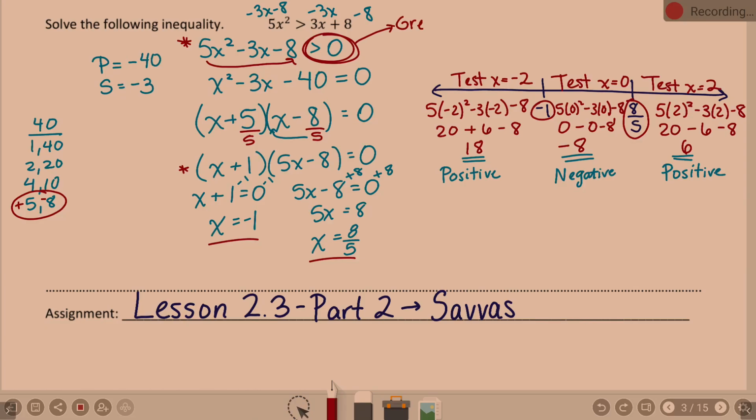That is asking, where is this equation greater than 0? What do I mean greater than 0? What are we looking for then? Positive. Okay. We're looking for positive. When it's greater than 0, where is my equation? Positive. If it said less than 0, we'd be looking for negative.